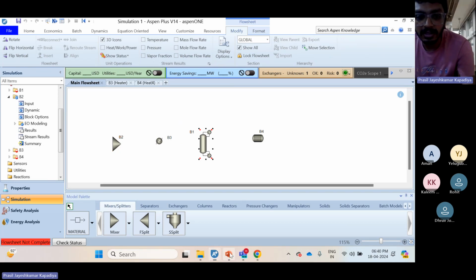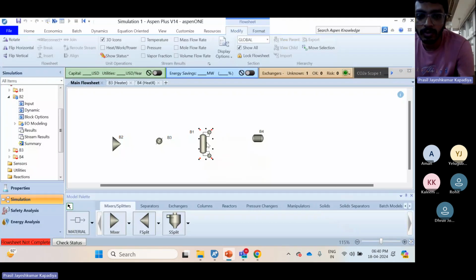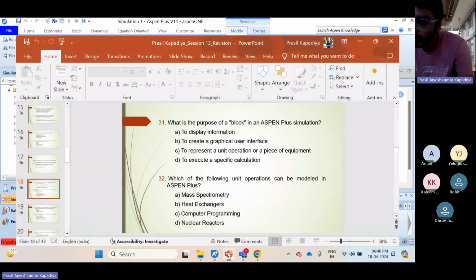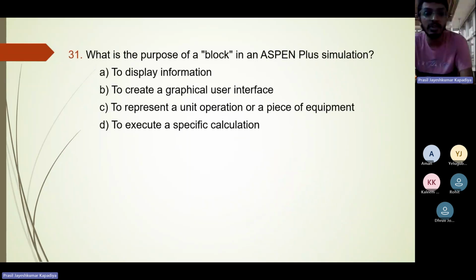This is representing a unit operation, right? So distillation is a unit operation. It is represented by this block. And when we click on that block, we are supposed to fill some input data for calculation. So the answer should be C, to represent a unit operation or a piece of equipment.